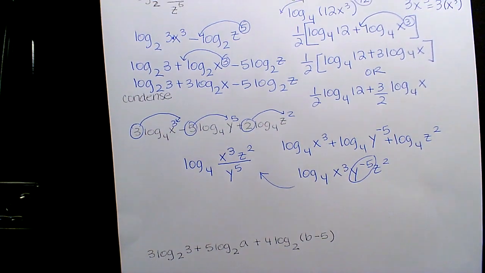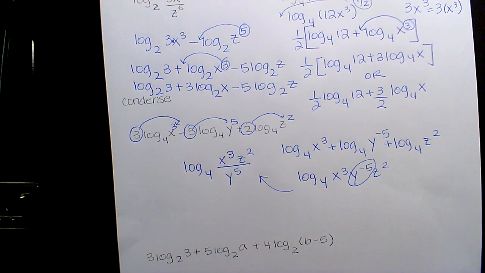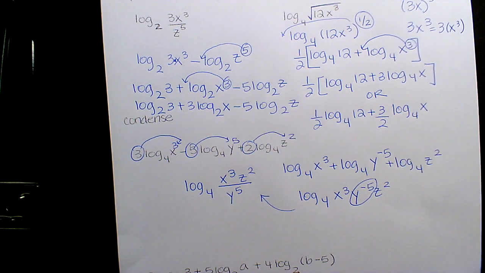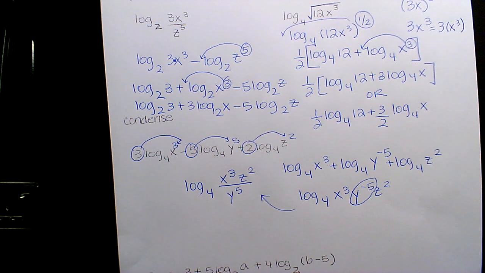So you could have done it in 1 or 2 steps tops, but on this one I did it in 3 steps. It just depends. Are you doing little baby steps, or are you saving time and doing multiple?